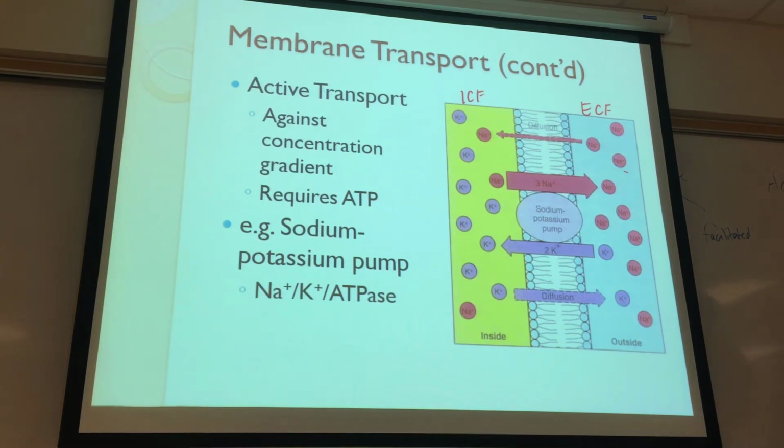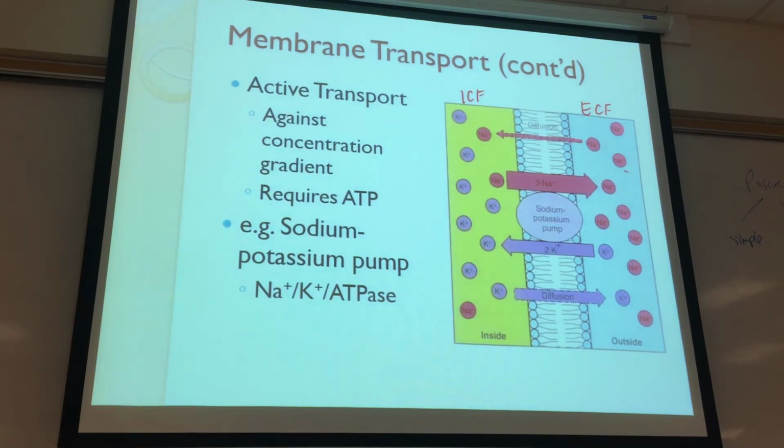But to give you an idea behind all this, let's look at what happens with these ions. If I were to draw our bilayer, let's look at potassium. Potassium is high on the inside and low on the outside.